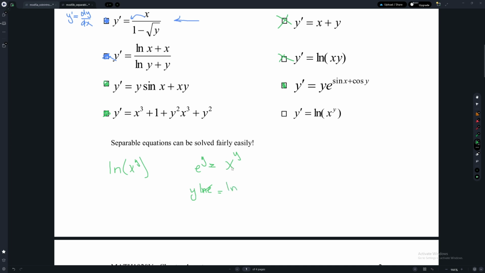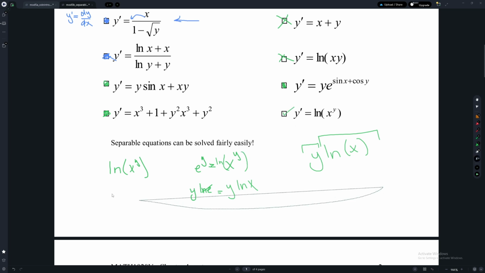When you ln it, you bring it down, so the y comes down, and then you'll have ln x, right? So this is just you lnning both sides. And so when you use the identity of ln, the y comes down, and you'll get ln x. Now you have this in terms of x, and this in terms of y. And so that works too. So far, so good. Capiche?